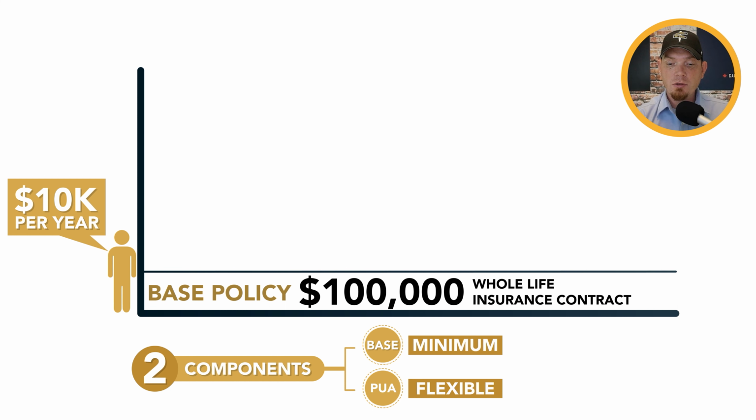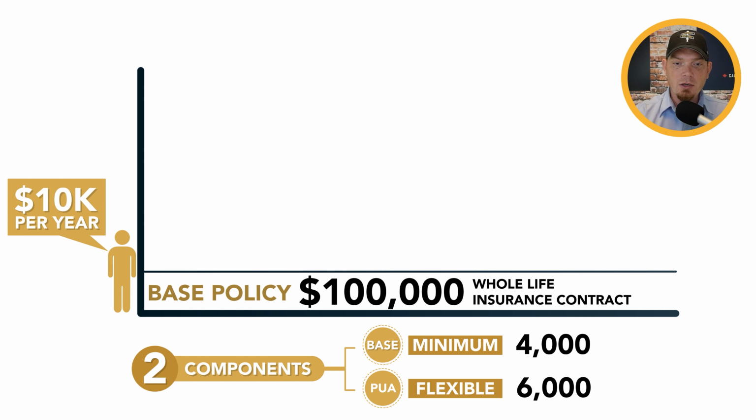It's an optional top-up payment that allows you to turbocharge the accumulation of your whole life insurance values. So for the sake of our little example, let's assume that the minimum premium in our example is $4,000 and the flexible premium is $6,000. Now, everyone's circumstance will be different. Every policy design will have unique features to it. We're just trying to keep it very simple for the purpose of our example.